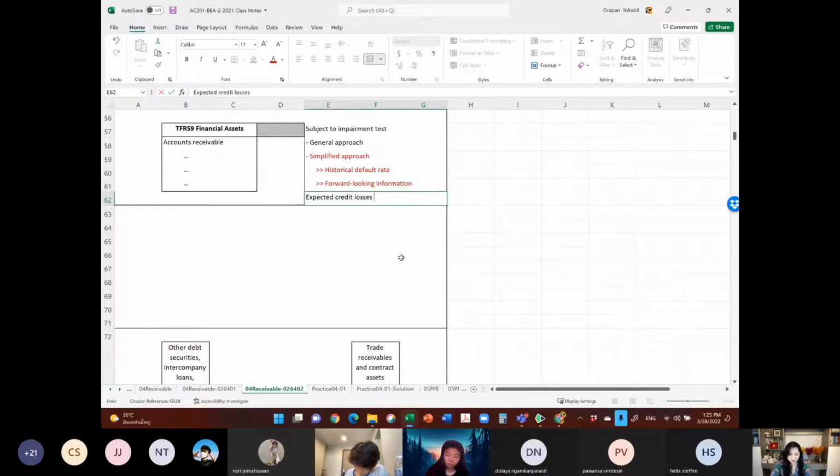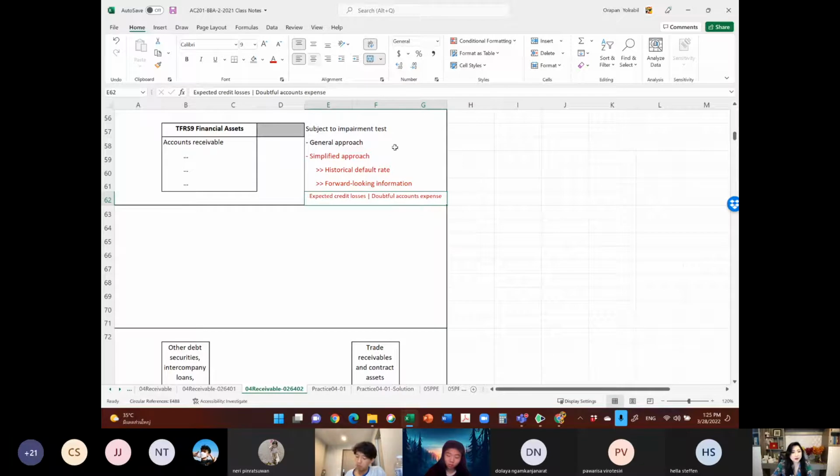The expected credit loss can also be called doubtful account expense. They are just the same thing, so whatever term you think appropriate, you can use.